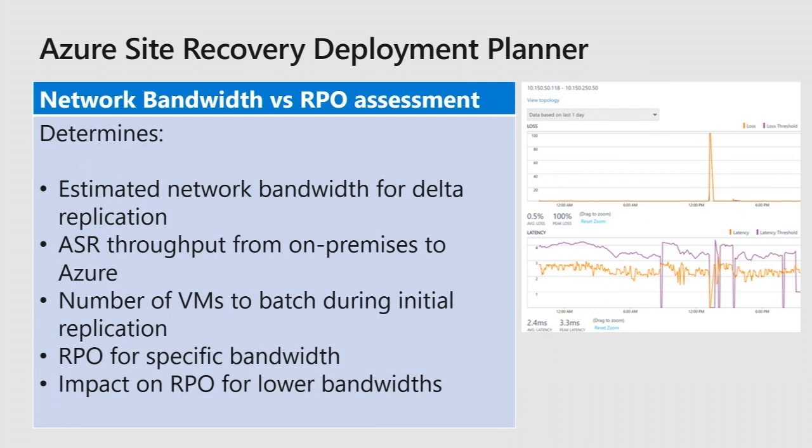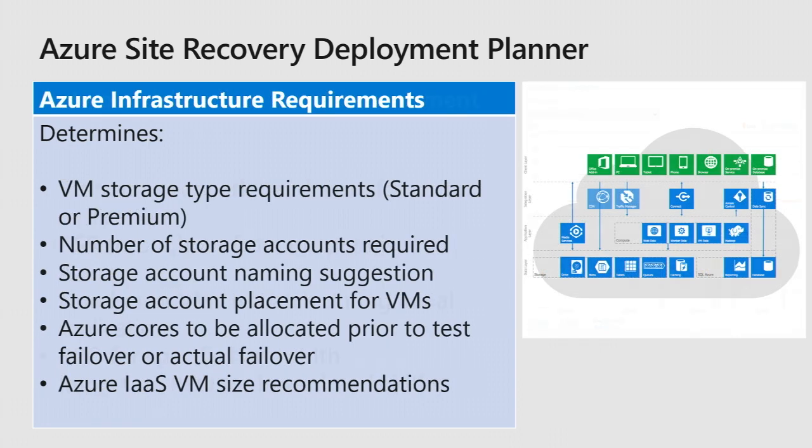It also will check your bandwidth and determine how much traffic is happening between those different systems, the type of throughput that is going to be required for you to support replication up into Azure, and the number of VMs you're going to batch together to try to reduce that bandwidth. That gives you suggestions on what this has to be. It even is able to determine your infrastructure requirements. What size of VMs should you be using inside of Azure?